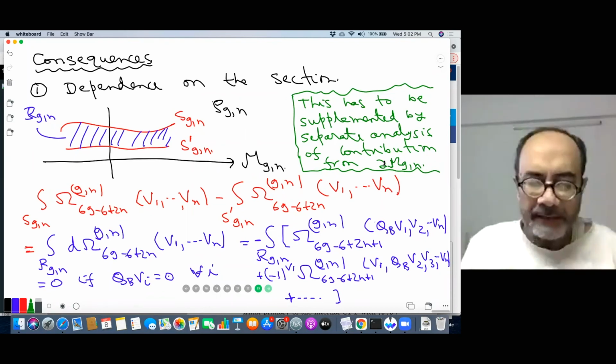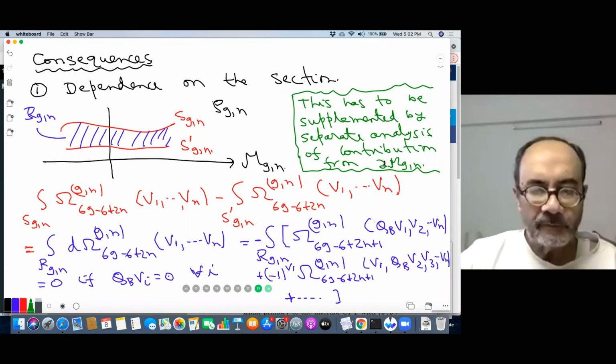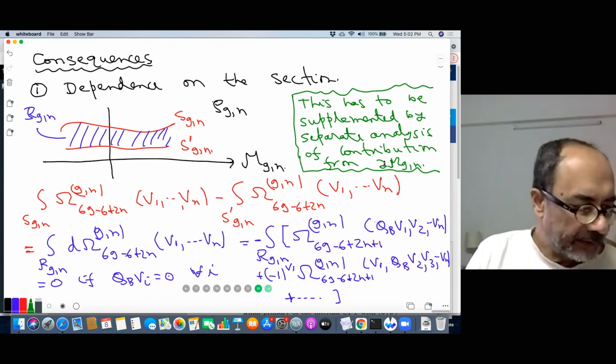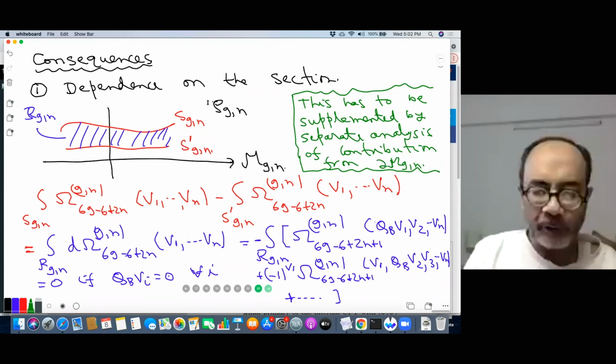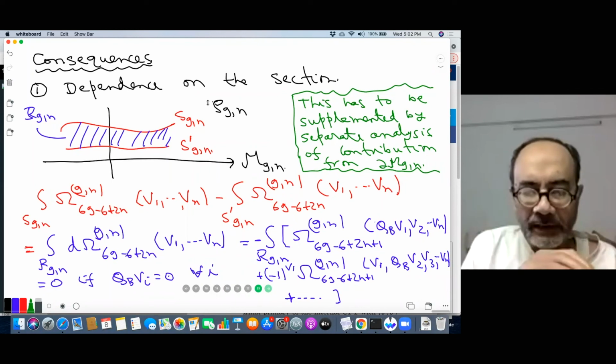But this can be done in a generic case. So this is the proof that on-shell amplitudes do not depend on the section. Off-shell amplitudes do, but eventually, after you do LSG and extract the on-shell amplitude, again you can show that section dependence goes away.